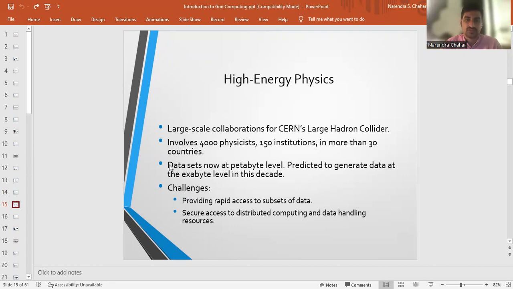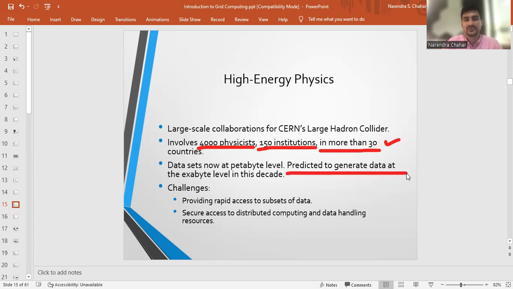The data sets are now at petabyte level, because 4,000 physicists, 150 institutions, and more than 30 countries are involved. So we are supposed to see petabytes of data here.